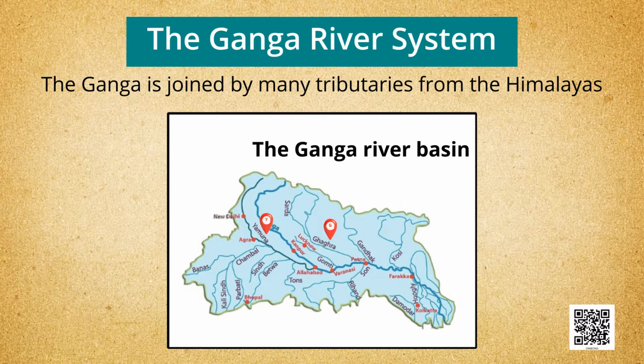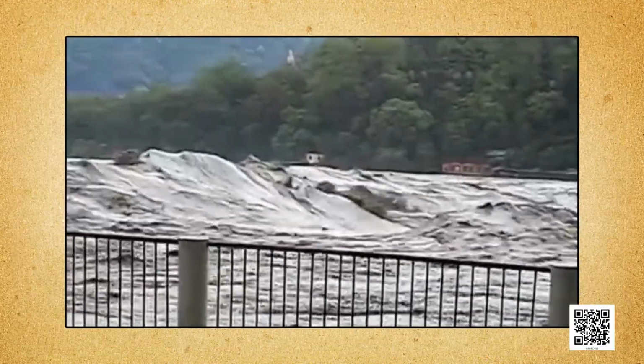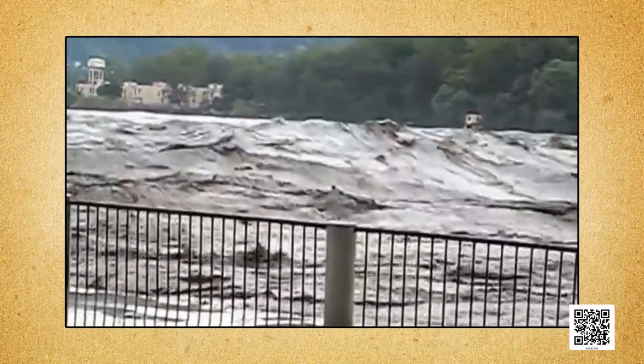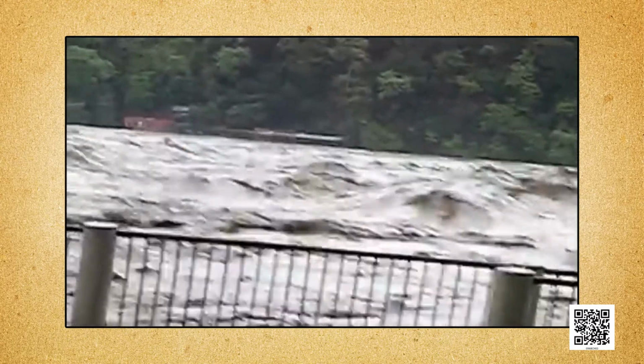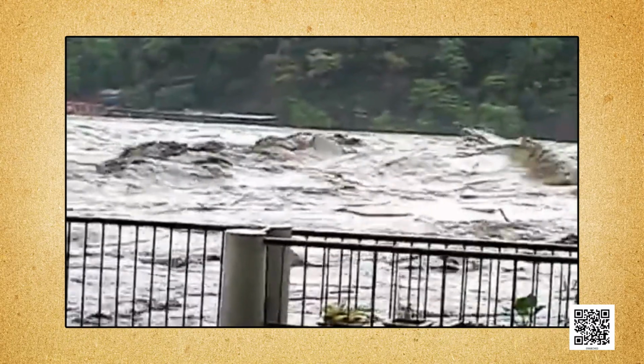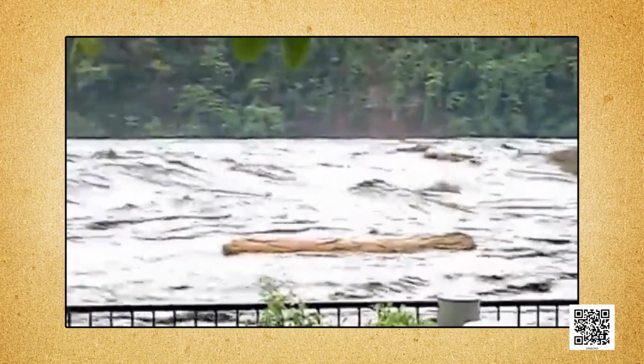The Ghaggar, the Gandak and the Kosi rise in the Nepal Himalaya. They are the rivers which flood parts of the northern plains every year, causing widespread damage to life and property, but enriching the soil for extensive agricultural land.